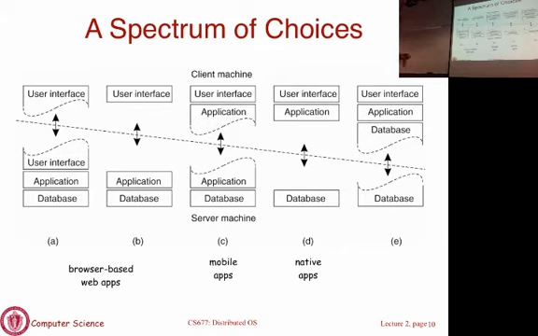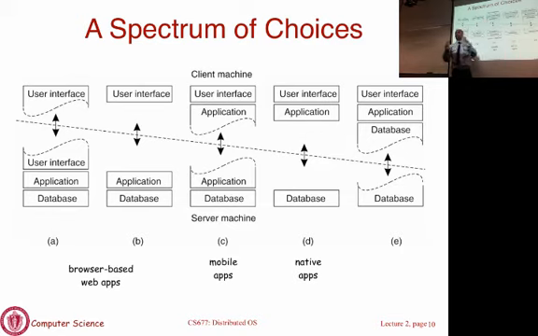And here are some examples. This is what mobile apps do, as opposed to, let's say, a browser-based app. If you have a smartphone and you download a mobile app, let's say Gmail or Facebook, you have a native app on your phone or a tablet, as opposed to interacting with that same service through a browser. The user interface is certainly all on the client, on the phone.